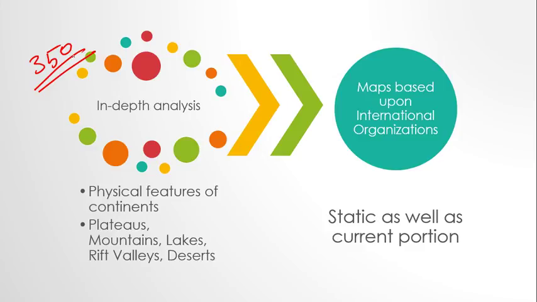We would cover the maps in such a manner that you would be able to understand the importance of a place from 4 dimensions: geographic, political, strategic and economic.